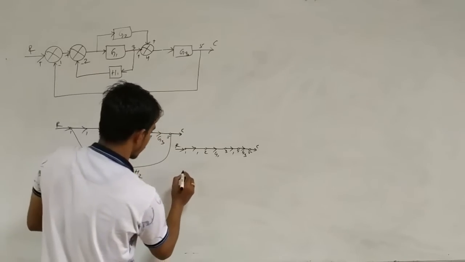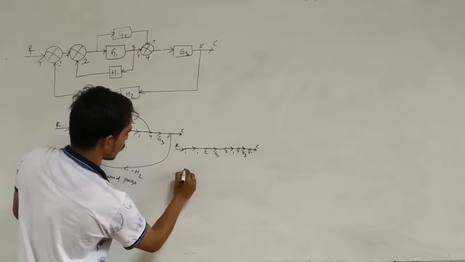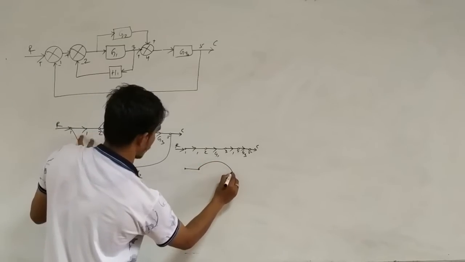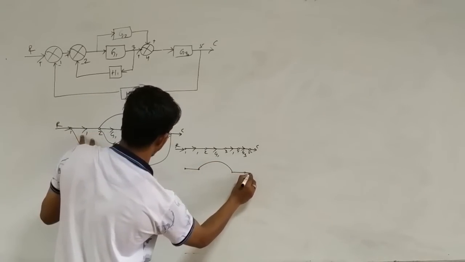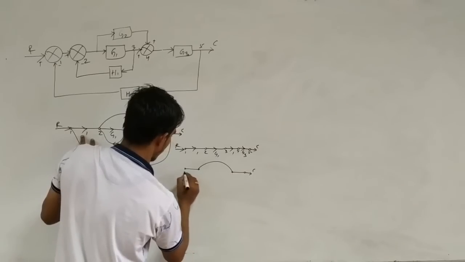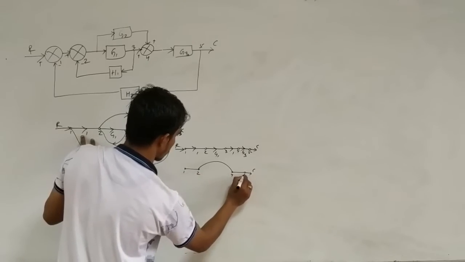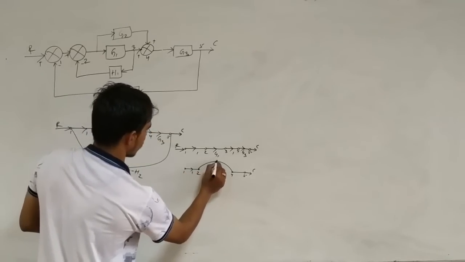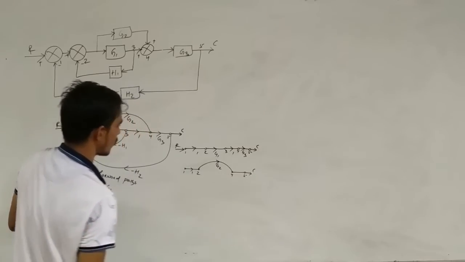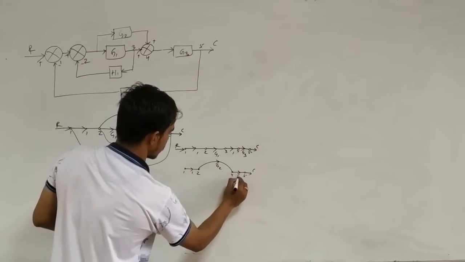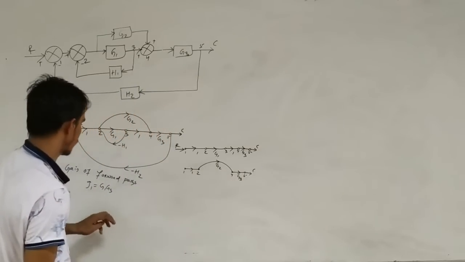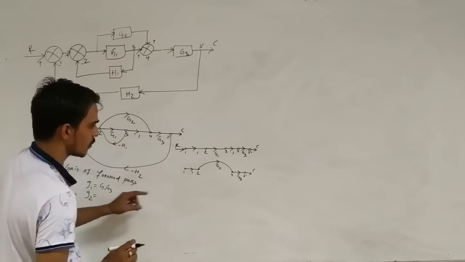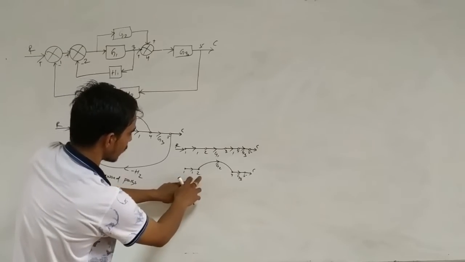This can be a forward path: 1, 2, 4, 5, with gains 1, G2, and G3.